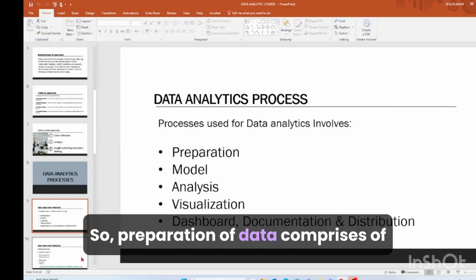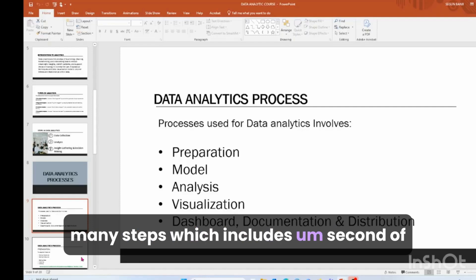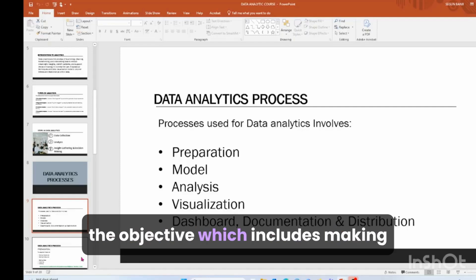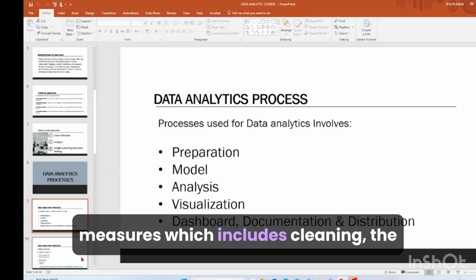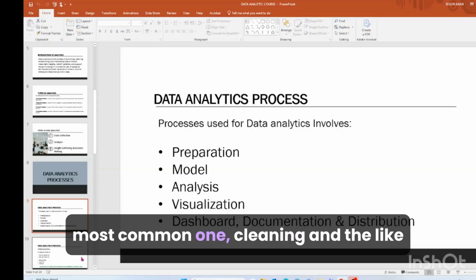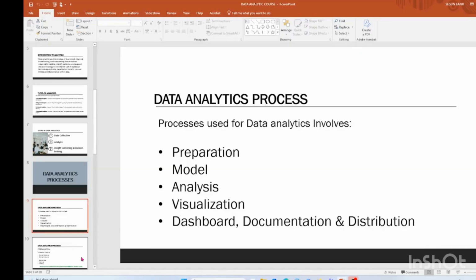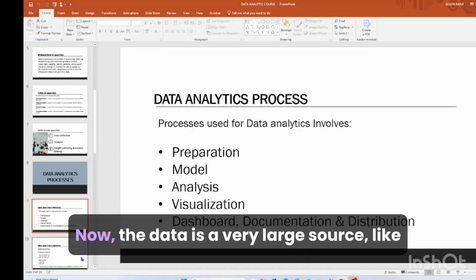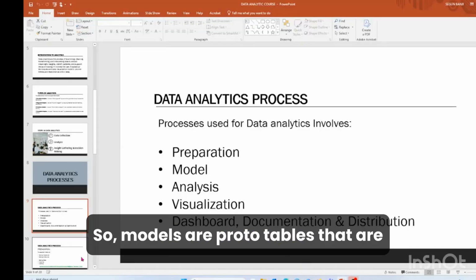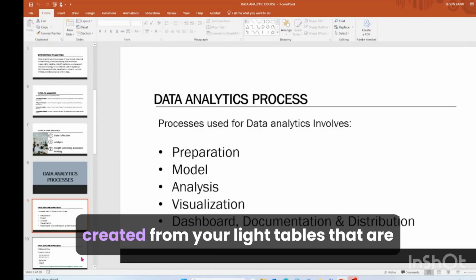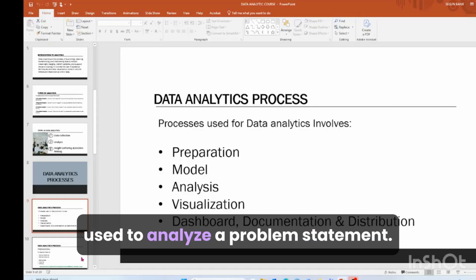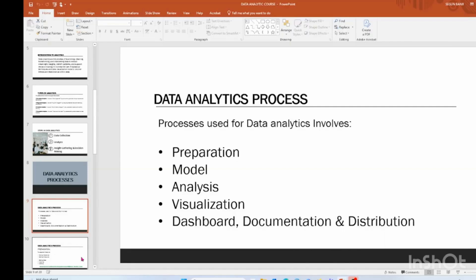So preparation of data comprises many steps, which include setting the objective, making measures, cleaning, the most common one, cleaning, and the likes. So we have modeling. Now your data is a very large source, like a big table. So models are prototype tables that are created from your large tables that are used to analyze a problem statement.